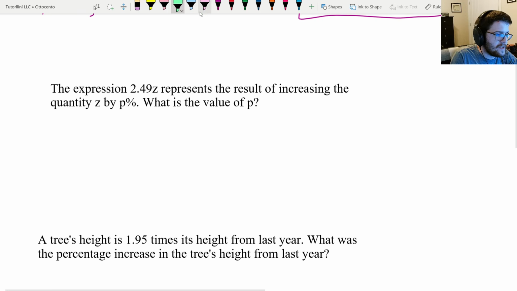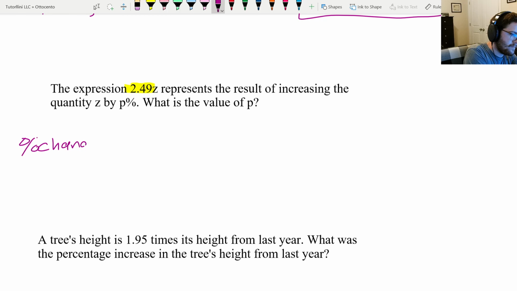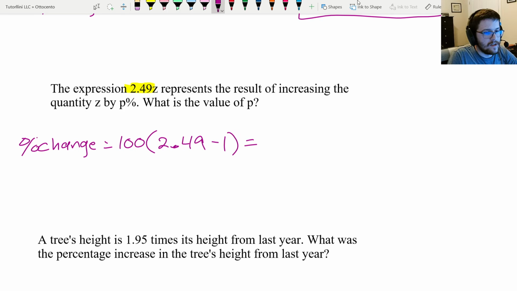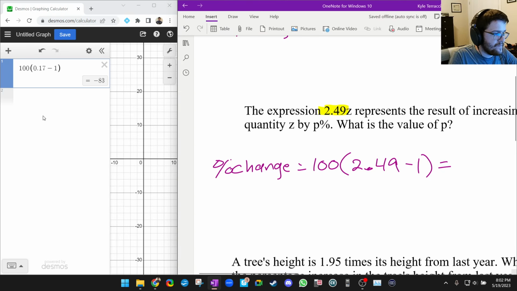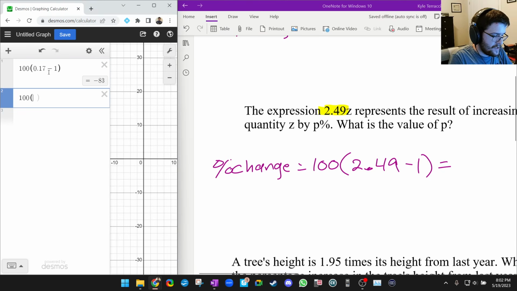So 2.49z, same kind of deal. This guy is a percent multiplier. So we're going to do percent change equals 100 times 2.49 minus 1, percent multiplier minus 1. Let's see what we get. 100 times 2.49 minus 1.